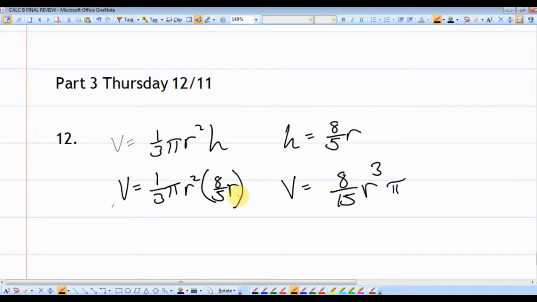We're supposed to find dV/dt. Notice that we substitute before we take the derivative.